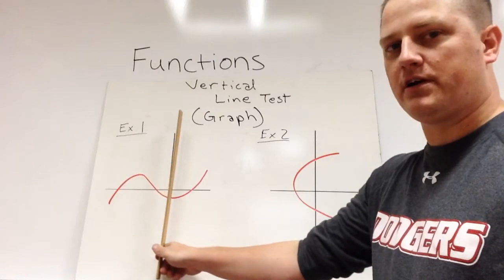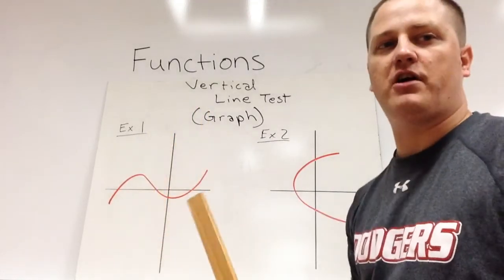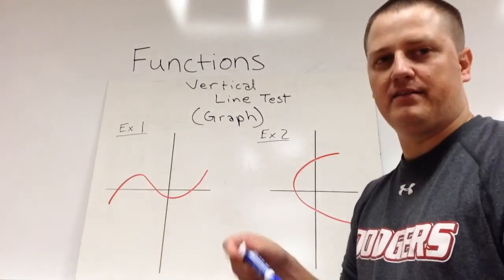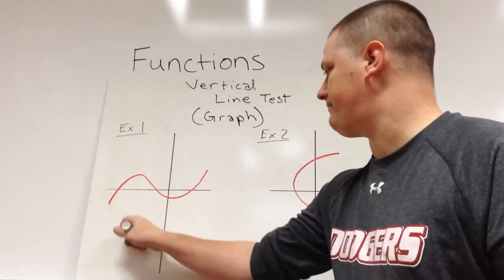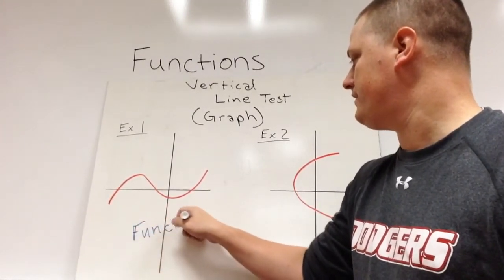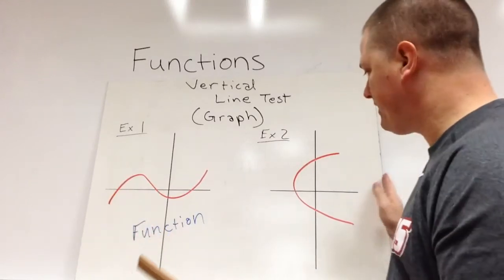If you notice, anywhere I put this vertical line on this first example, it never crosses more than one spot. Because of that, that's considered a function. So if it never crosses more than once, it's a function.